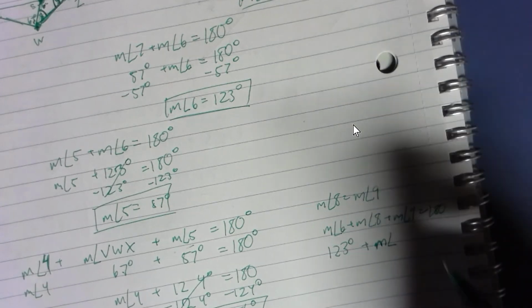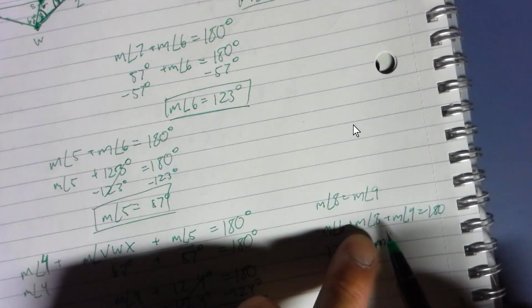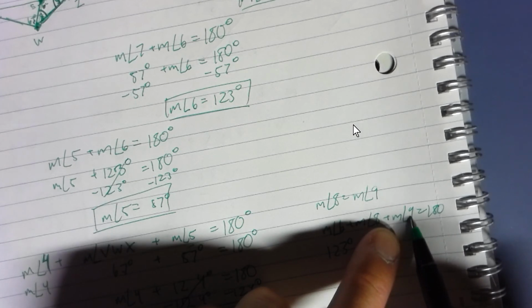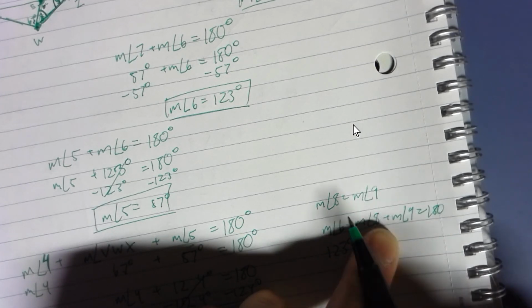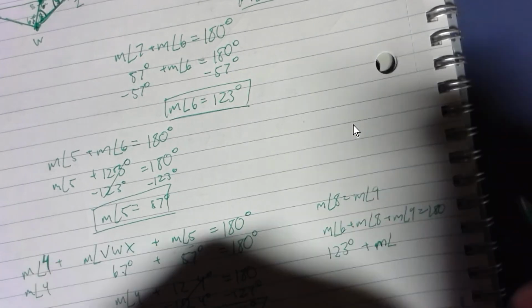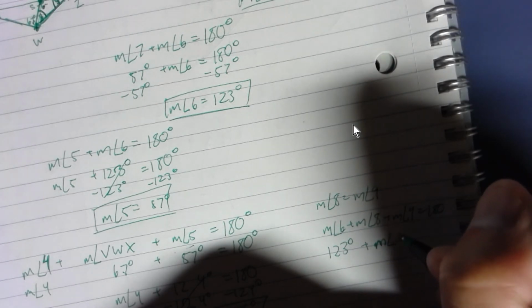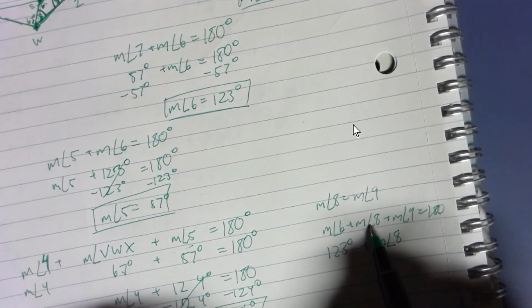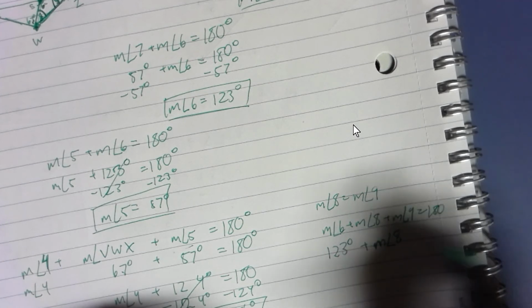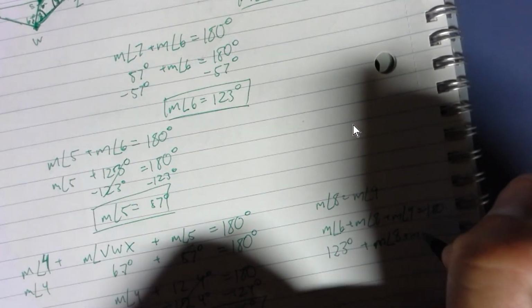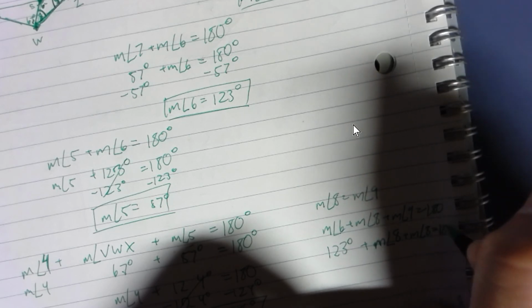But let's just substitute the fact that the measure of angle 9 is also equal to the measure of angle 8. Instead of having 2 different angles to solve for, let's write that again as the measure of angle 8 plus the measure of angle 8 is equal to 180.